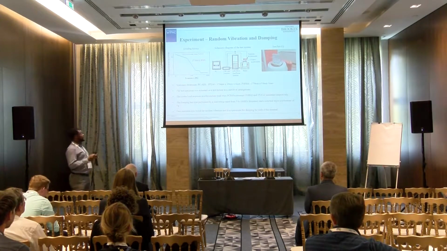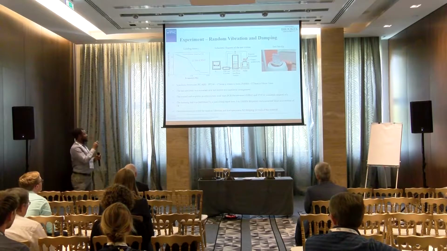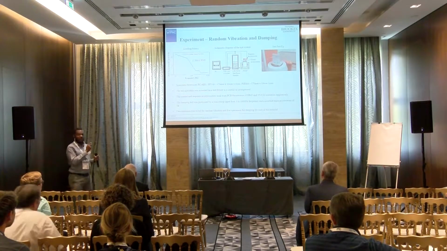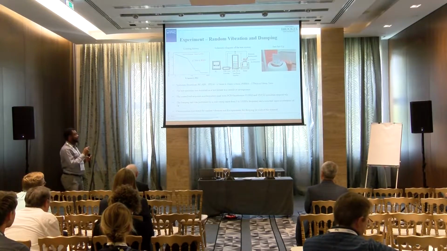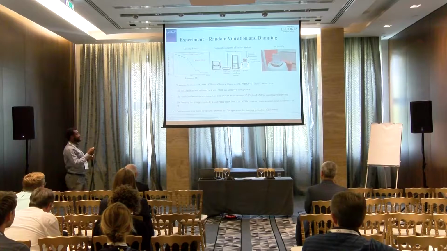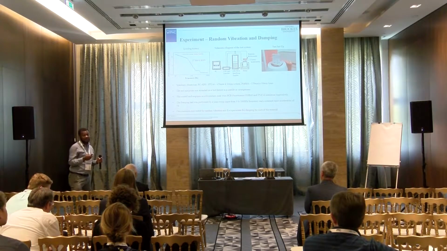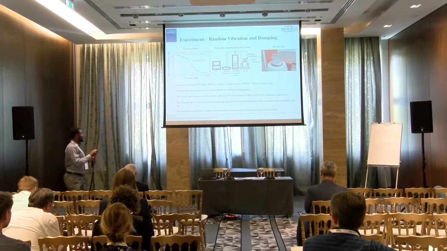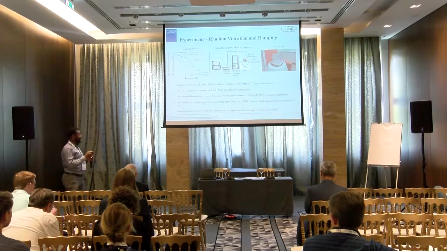For the experiment for random vibration and damping, this is the loading used for random vibration to test automotive lighting. This is frequency domain loading. Here we have our schematic diagram of the test system, and then the test setup. It's a cantilever beam test setup, basically. The specimen dimensions are given, and the test specimen was mounted on a test fixture in a cantilever arrangement.